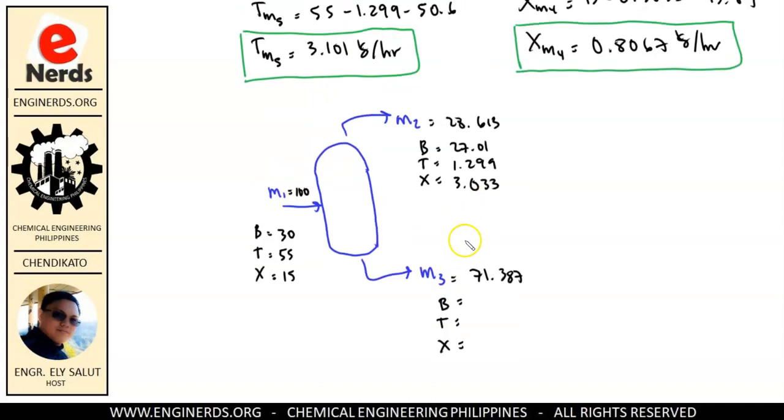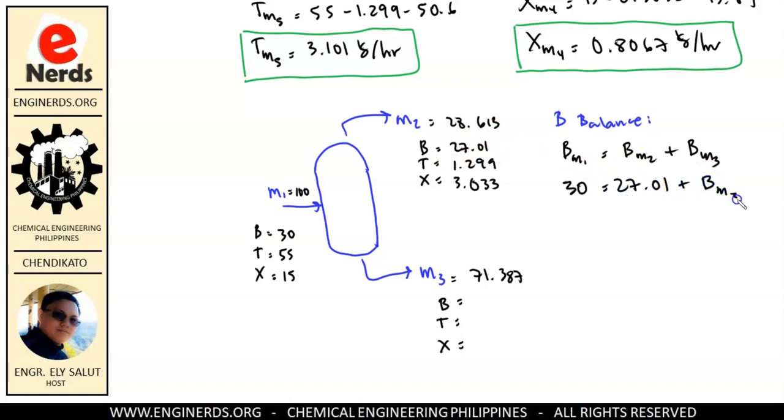Okay, so let us have benzene balance first. So what we have here is our benzene in M1 is equal to the benzene in M2 plus the benzene in M3. Okay, so our benzene in M1 is 30. Our benzene in M2 is 27.01. So we don't know what is benzene in M3.